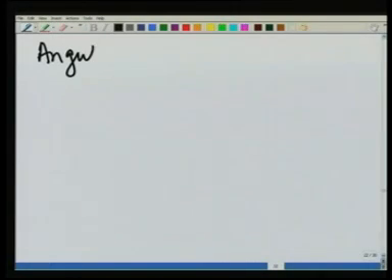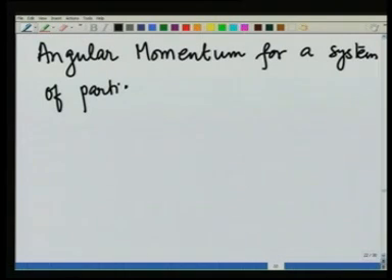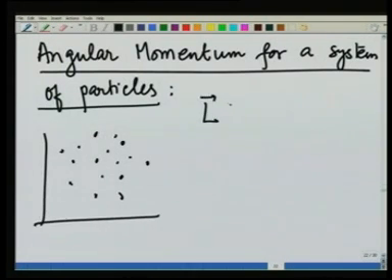So, now we are going to make ourselves familiar with angular momentum for a system. When I say system, that means many particles. So, what we are going to consider is there are many different particles given, and by definition angular momentum is going to be the sum of angular momentum for each one of these particles, where i runs from 1 through n.